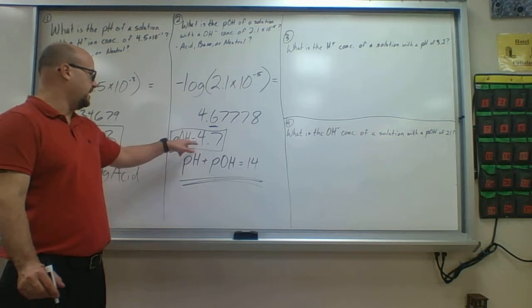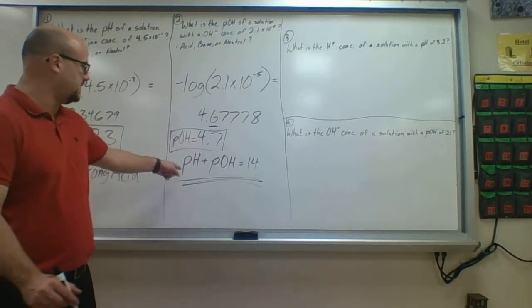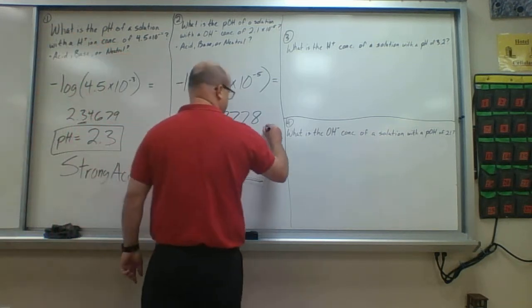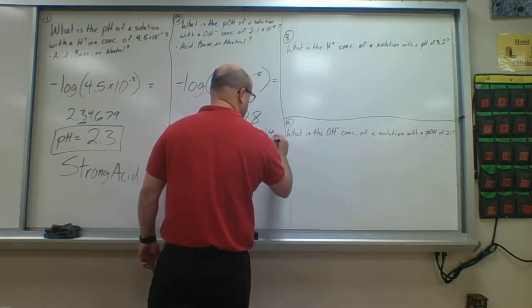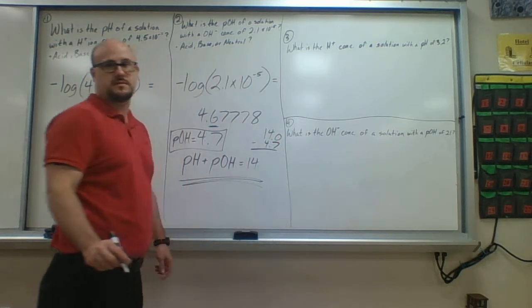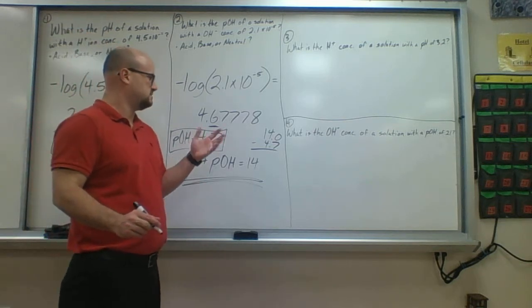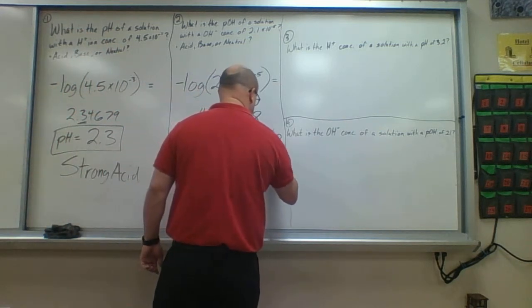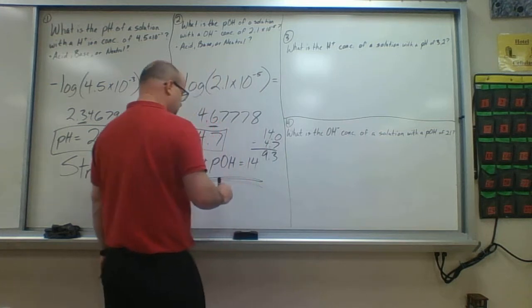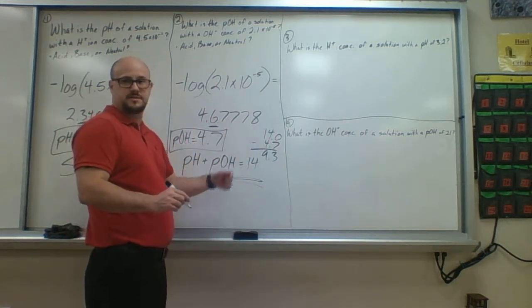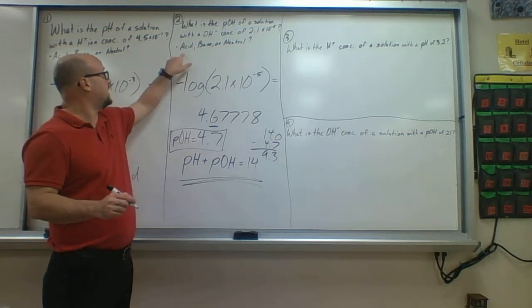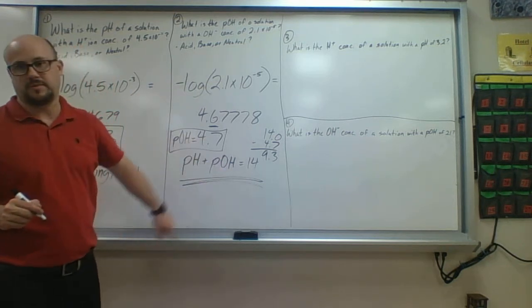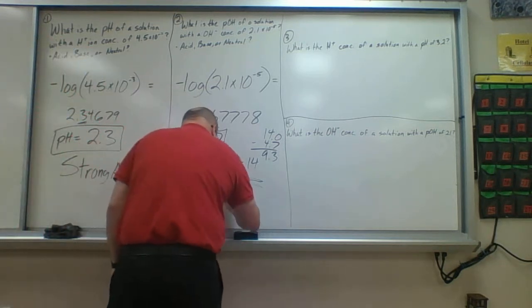If our pOH is 4.7, to get our pH, we just subtract it from 14. 14 minus 4.7, and that gives us 9.3. So if our pH is 9.3, then is our substance acid, base, or neutral? The answer would be base.